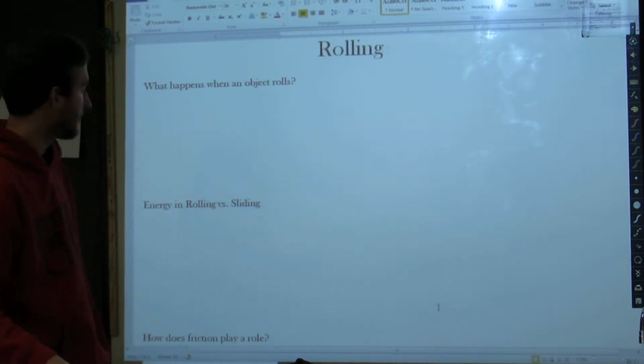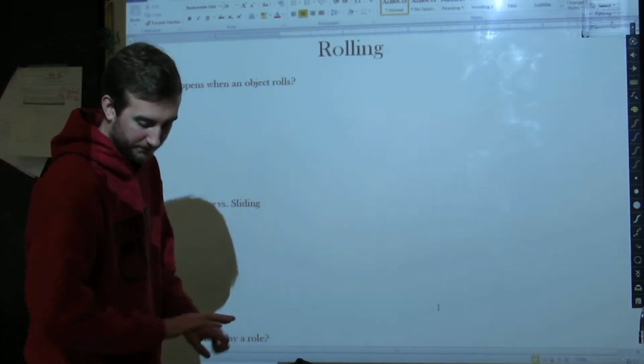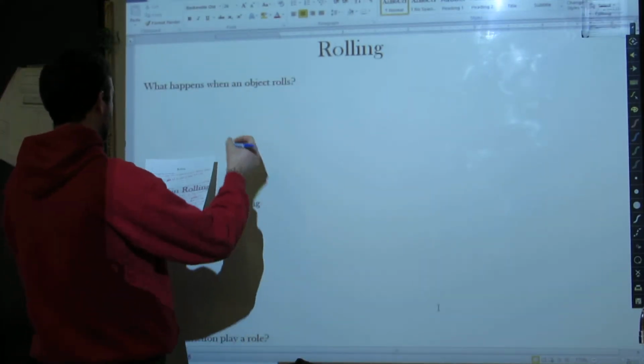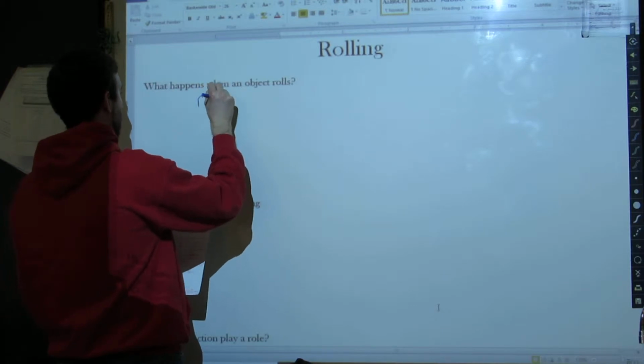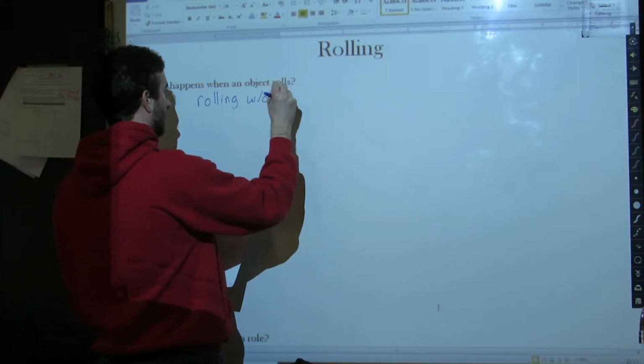So what do we mean by rolling? What is happening when an object ends up rolling? Well, the majority of the problems that you will see will be talking about what we call rolling without slipping.